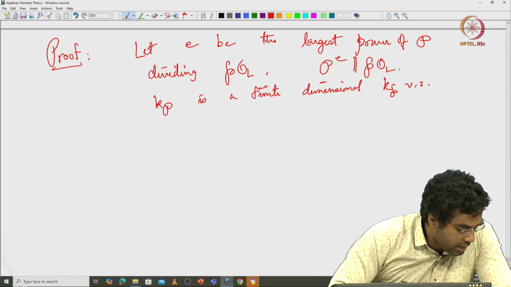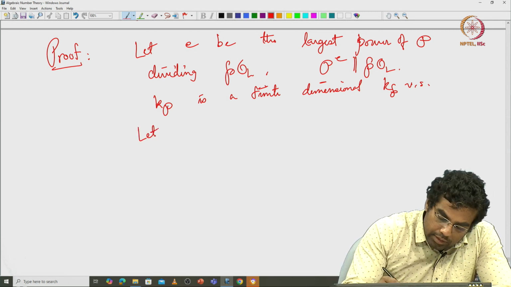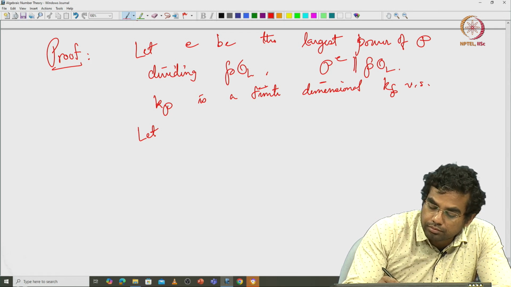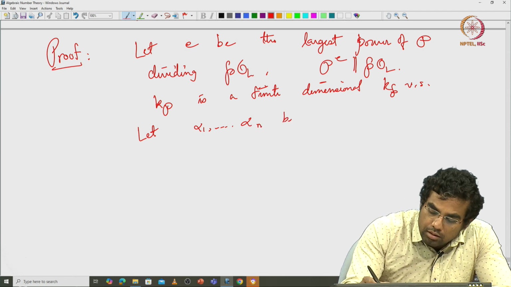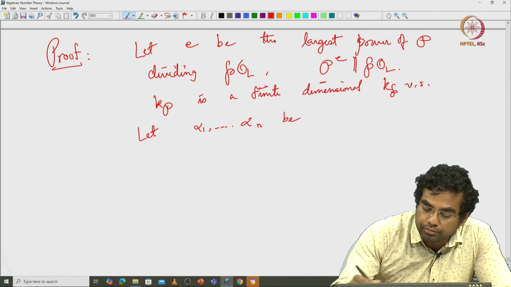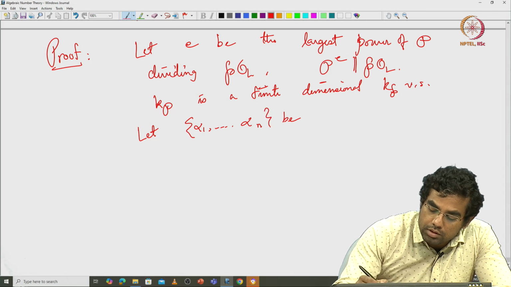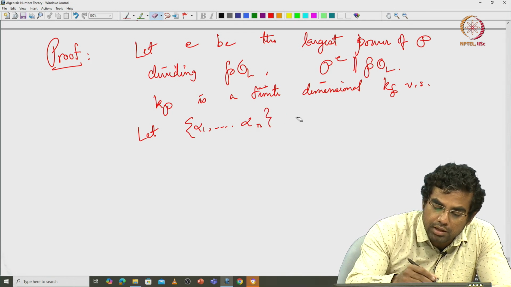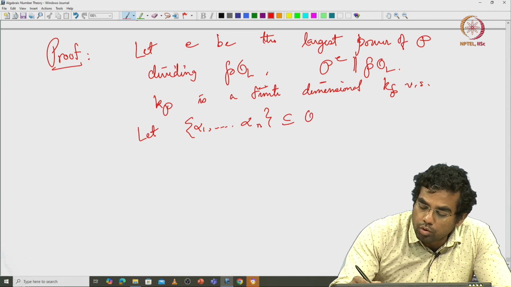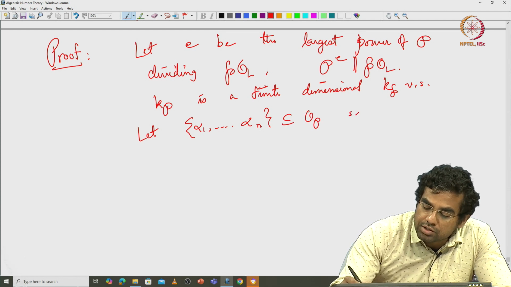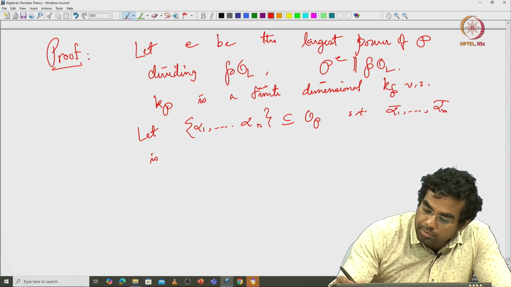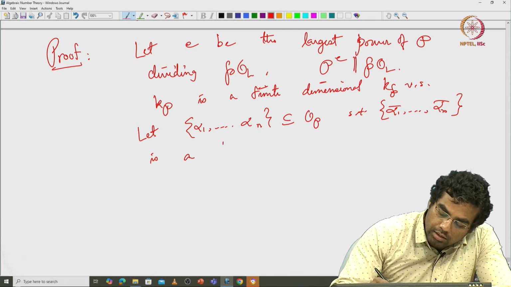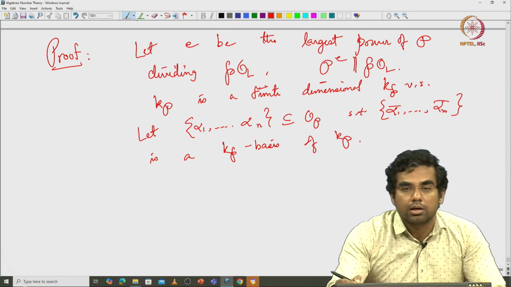So, what I can do is let alpha 1 up to alpha n be a subset of O capital P such that alpha 1 bar up to alpha n bar is a K sub p basis of K sub capital P. I can always do that.